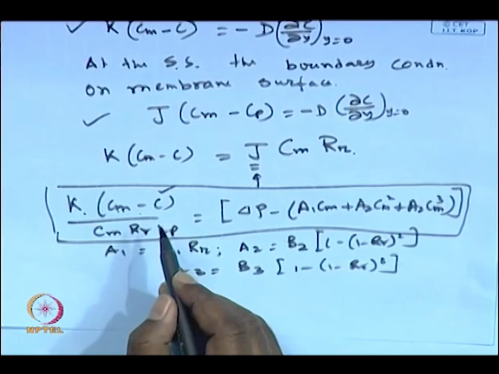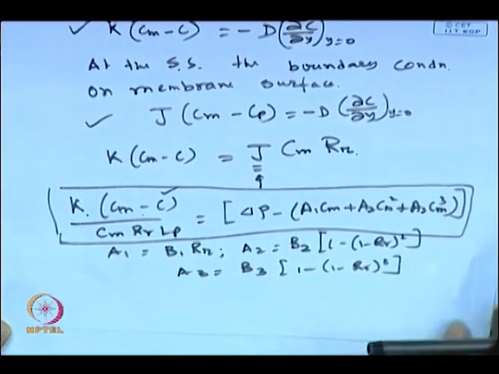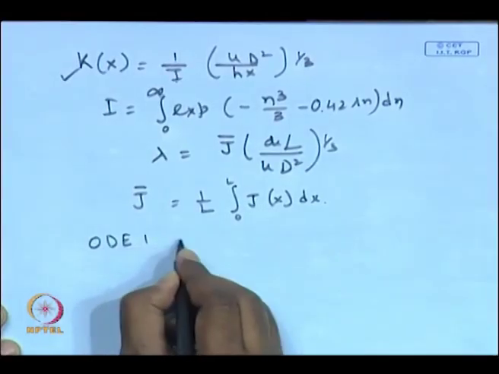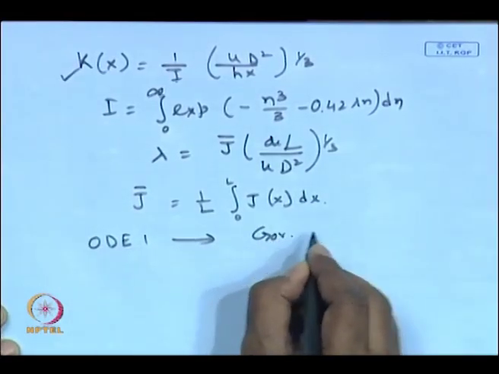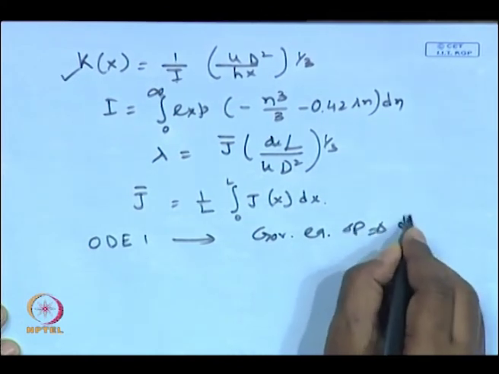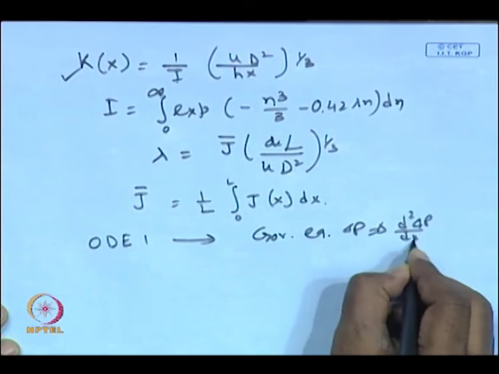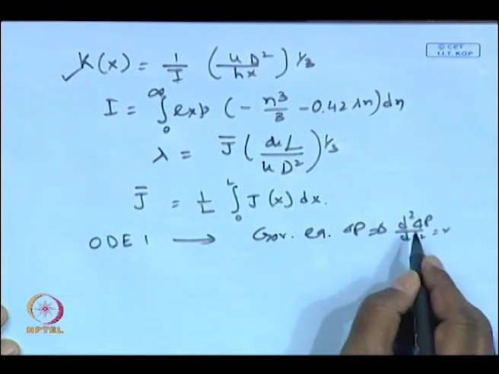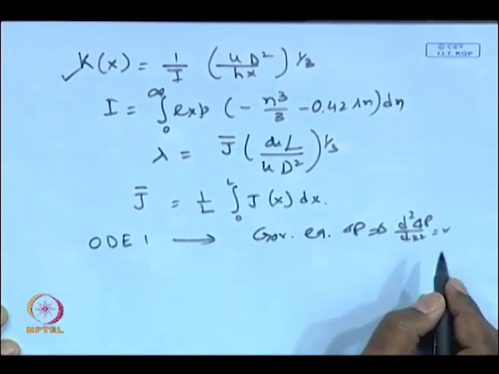Now all the three governing equations, if you remember, all the three ODEs. ODE number 1 will be the governing equation of delta P. You had d square delta P dx square is equal to something, or d delta P dx is equal to a function of U. Okay.